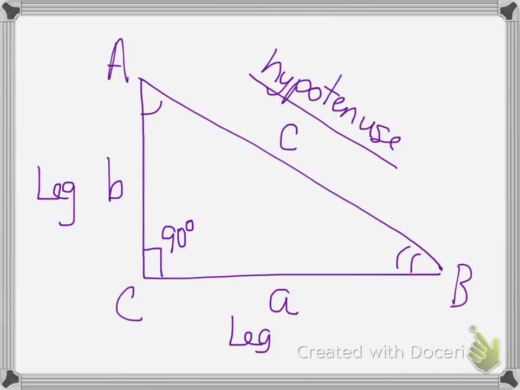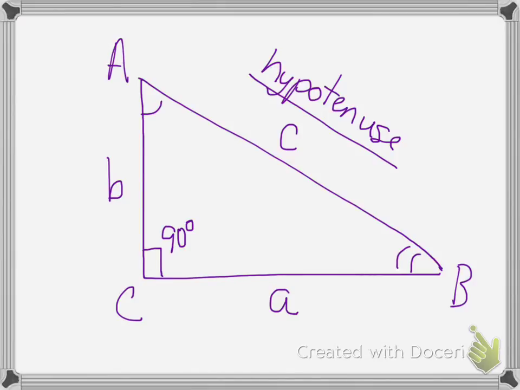So what the Pythagorean theorem tells us is it gives us a way to determine side lengths in a right triangle, and it gives us a relationship that if I take the legs, the side lengths of the legs, and square them and add them, it adds up to the hypotenuse squared.